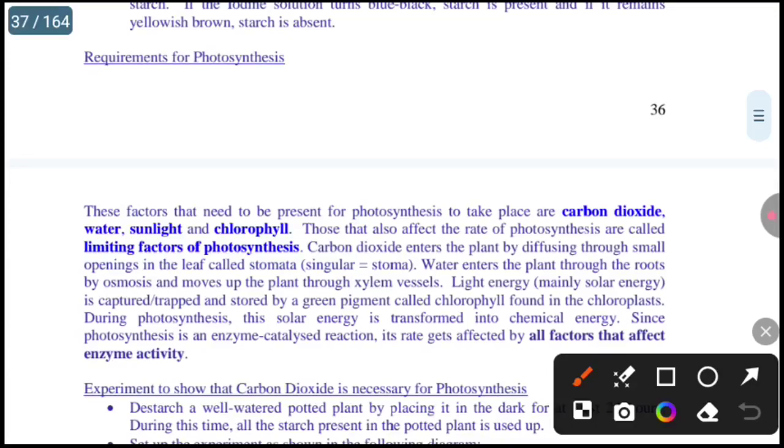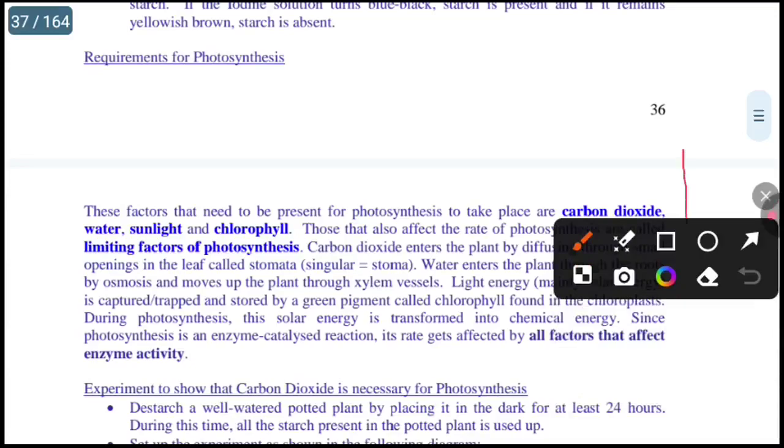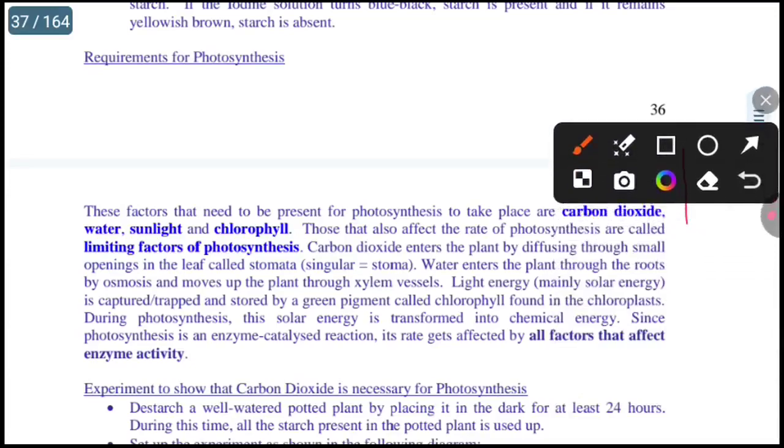During photosynthesis, this solar energy, which is caught by the chlorophyll and stored in the chloroplast, is transformed into chemical energy.